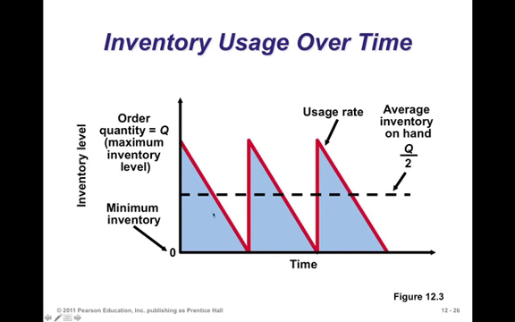In other words, this is the inventory that we keep on hand on average, right? Another way to think about it is that if you started off with Q and ended up with 0, then Q plus 0 over 2 gives you an average. That's how we take an average of the beginning and the end. And so that gives us Q over 2 as our average inventory level in each cycle.